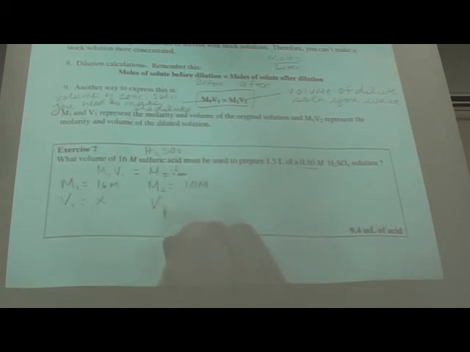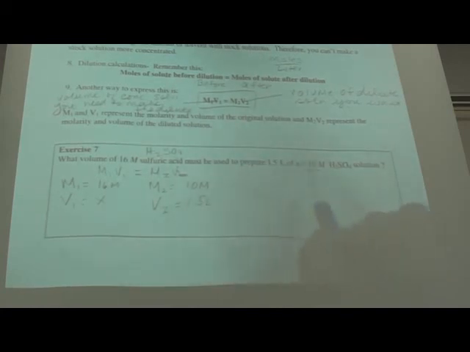V1 is the volume of concentrated solution that we need to make the dilute. We don't know yet. M2 is the dilute solution concentration, 0.1 molar. V2 is the desired amount of dilute solution, 1.5 liters.